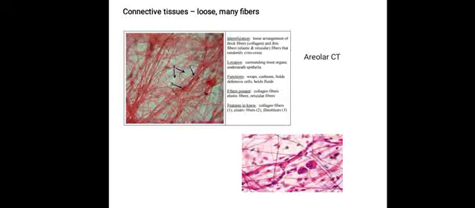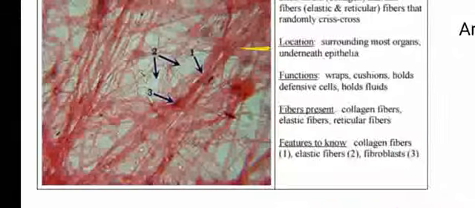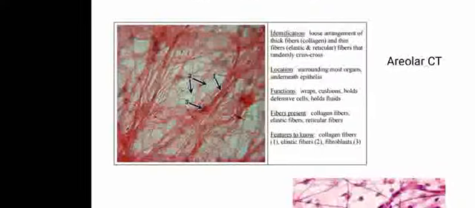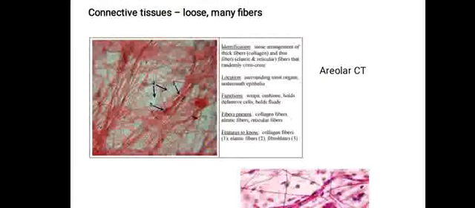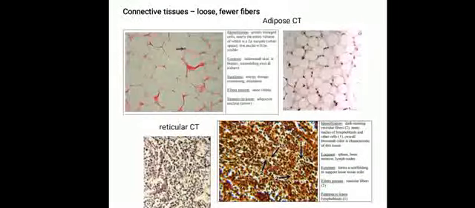Under all those organs, you can find loose connective tissue, and the division is areolar connective tissue. For identification, look for a loose arrangement of thick fibers and thin fibers, and the fibers randomly crisscross. This is how you can identify areolar connective tissue.